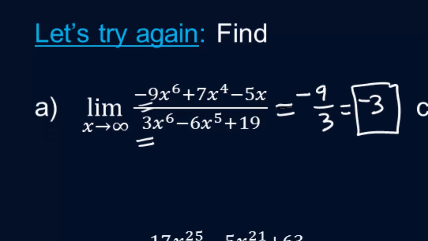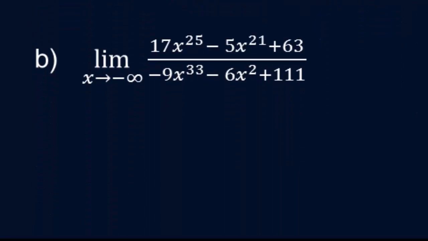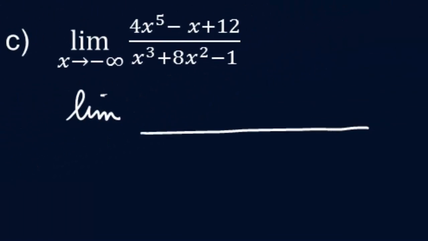Right? Okay, here we observe letter B and see that the degree of the numerator is less than the degree of the denominator. So right away, we know that the limit is equal to 0. Alright, in letter C, we see that the degree of the numerator is greater than the degree of the denominator.